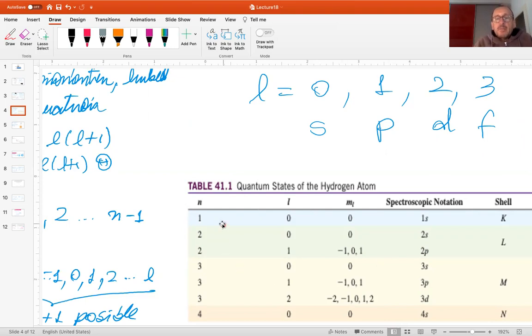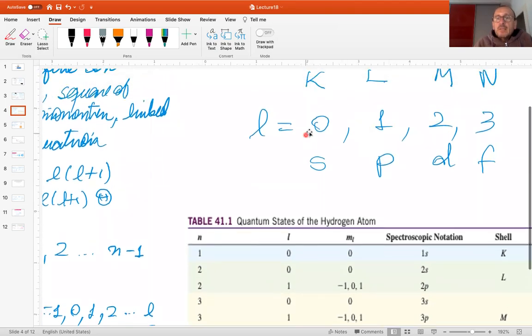So that corresponds to n equal 1, 2, 3, 4. Those are the n levels, and the L levels go 0, 1, 2, and so on.